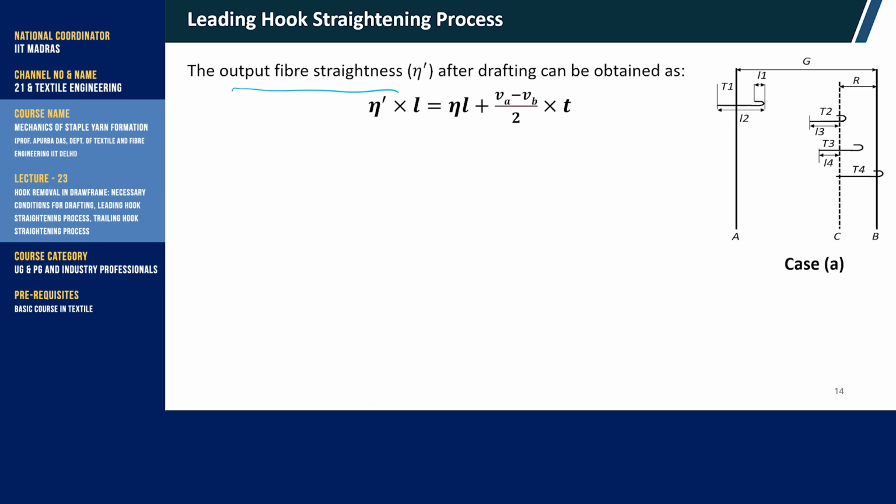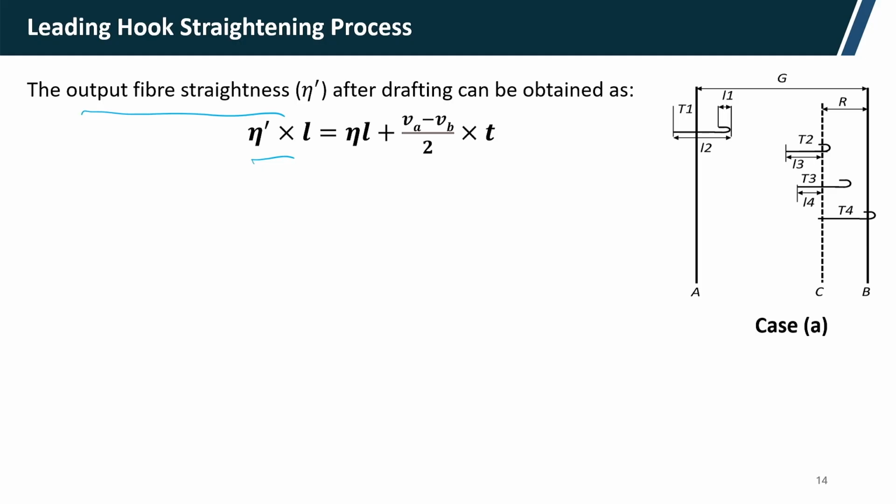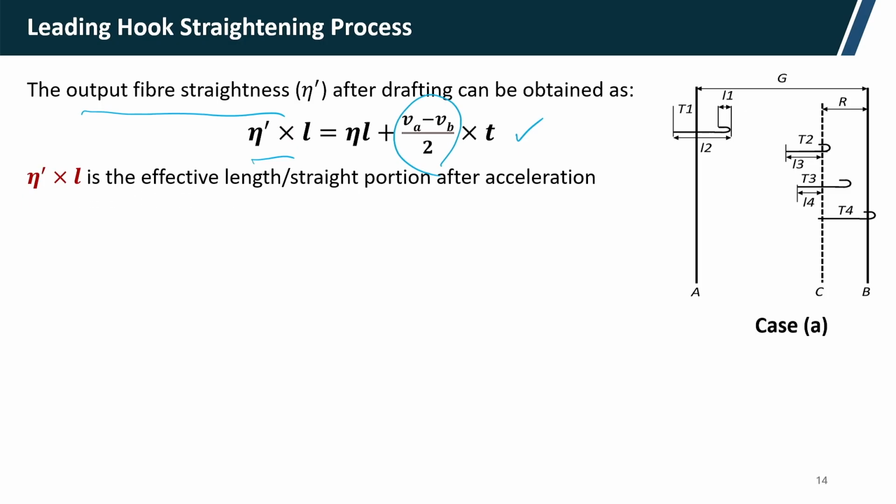So, the output fiber straightness eta dash multiplied by L equals input fiber straightness eta L plus (V A minus V B) by 2 into T. This is the average velocity change. Eta dash L is the effective length or straightened portion after acceleration, and eta L is the initial effective length.